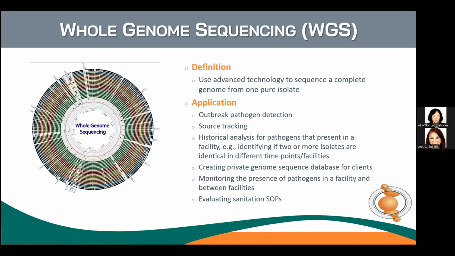Companies or laboratories can create their private genome sequence database for their clients, so you don't have to post it on NCBI for the comparison. It is great to monitor the presence of pathogens in a facility or between facilities, and also can be used to evaluate sanitation effectiveness.